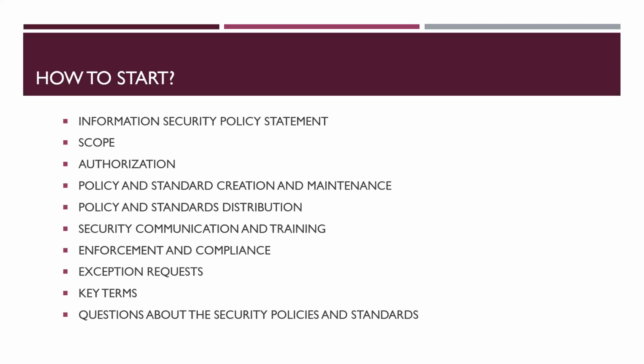Let's suppose you want to communicate through emails or the intranet, on the internal side of the organization, or mention it in a staff meeting or as a part of annual security awareness trainings. You need to mention it clearly here.